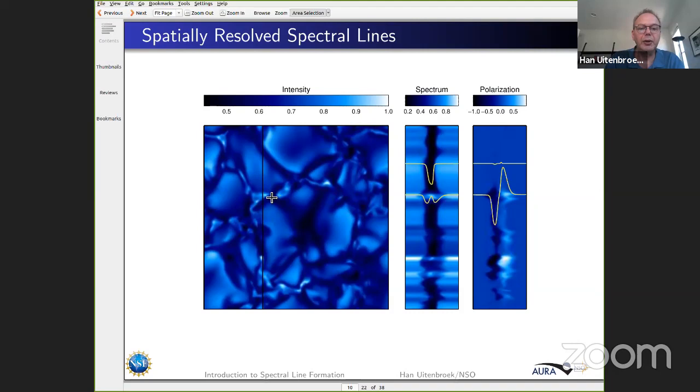And you see that where there are bright points, there is significant circular polarization, an indication of the presence of magnetic field. We come to all of this later, but just to show you that when we have spectrally resolved polarimetry at high spatial resolution, we can measure all these quantities in the solar atmosphere, as long as we apply the theory of our understanding of spectral line formation.